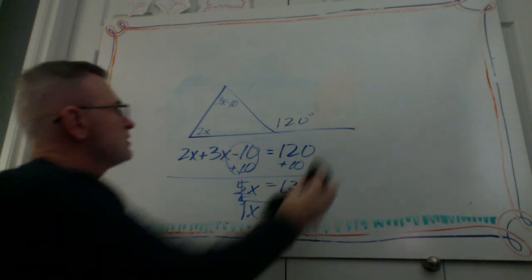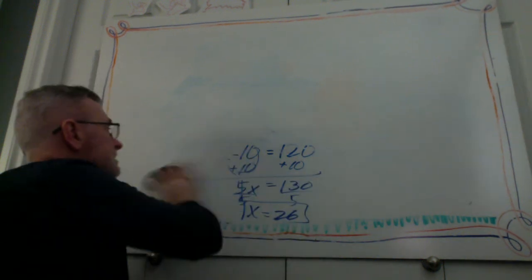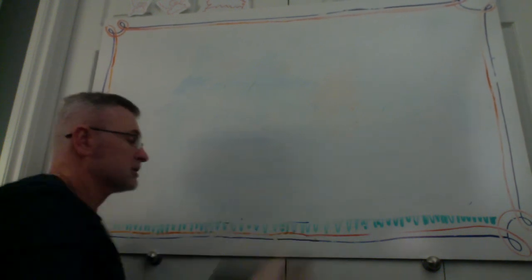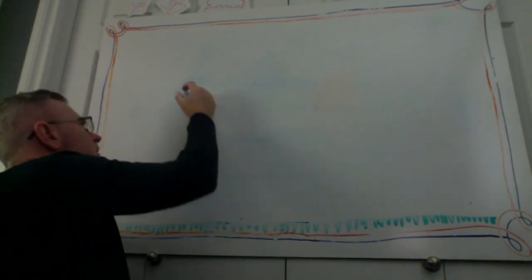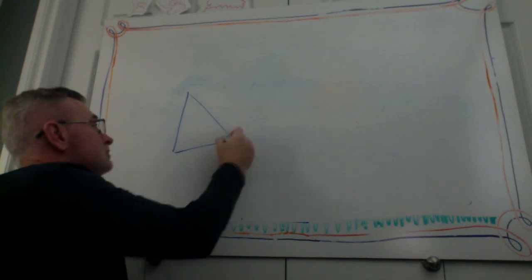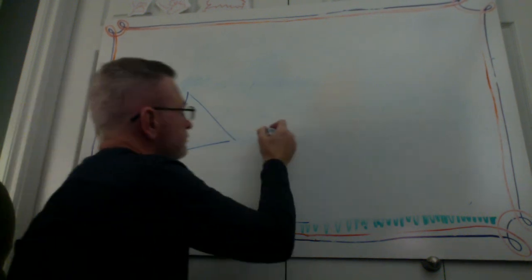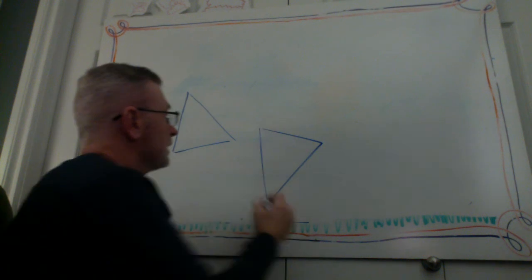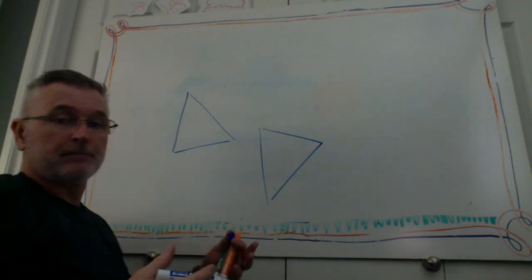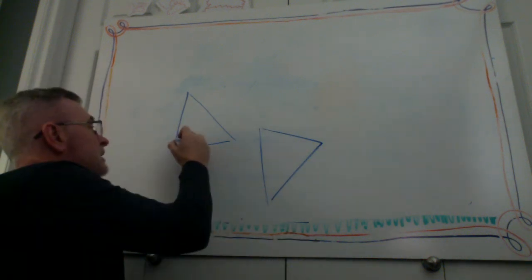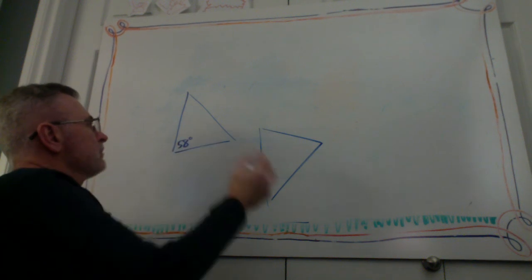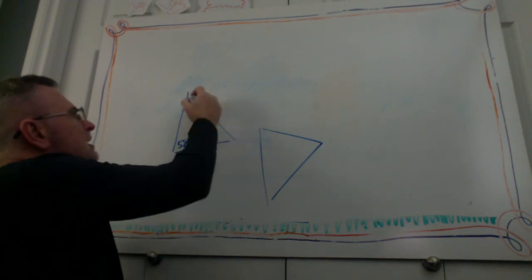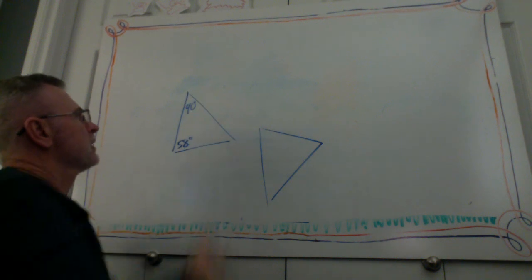The last thing you need to know for the test is if you have two triangles, and you want to know if they're congruent to each other. And this one is, let's say it's 58 degrees over here, and this one is 40 degrees up here.